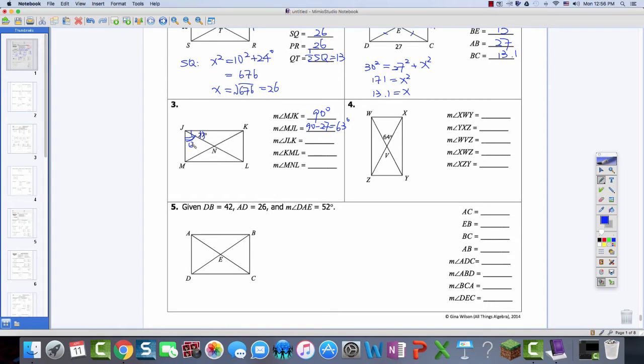And if this is 63 degrees, we're asked to find JLK, which is the angle here. Remember, opposite sides are parallel, and therefore these two angles are alternate interior angles, and they should be congruent. And KML is right here.